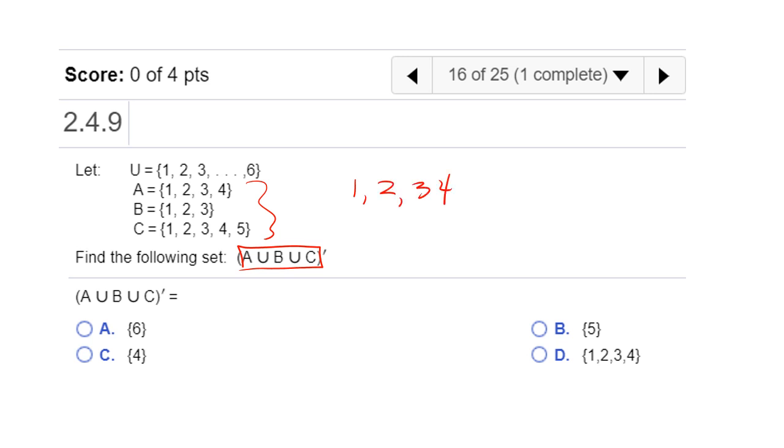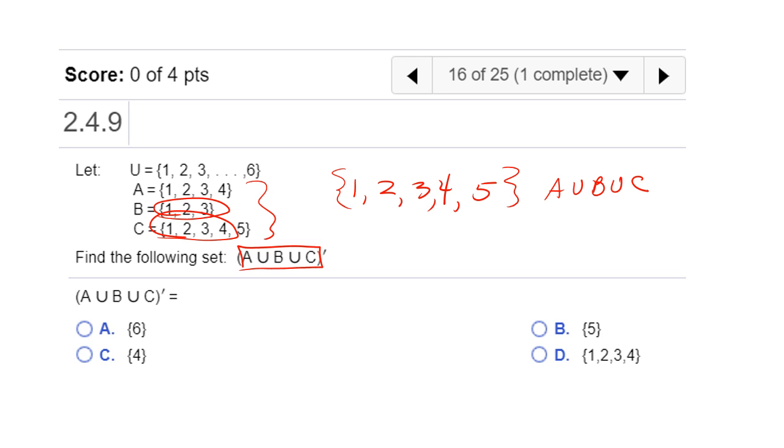Notice that set A, 1, 2, 3, 4 already includes 1, 2, 3 from B. And it also includes the numbers 1, 2, 3, 4 from C. The only other number I need to add in there would be the 5. So this would be the set of numbers that is A union B union C.